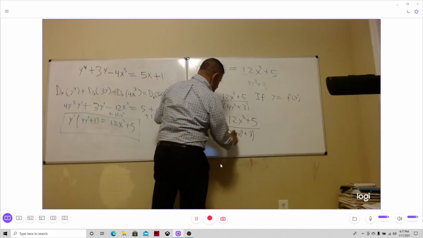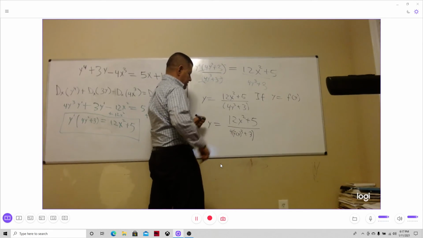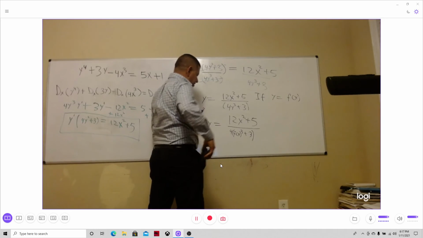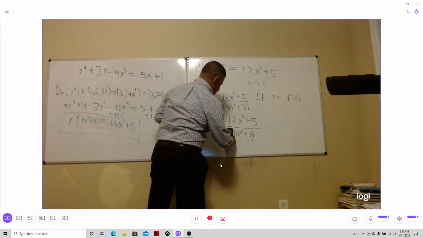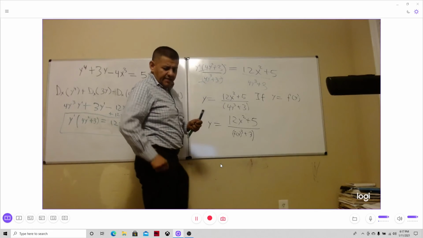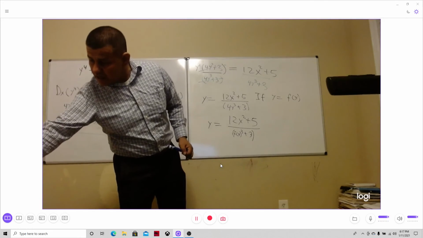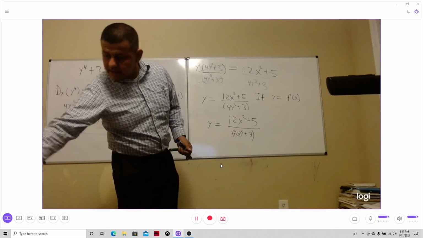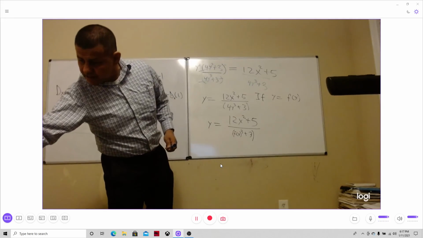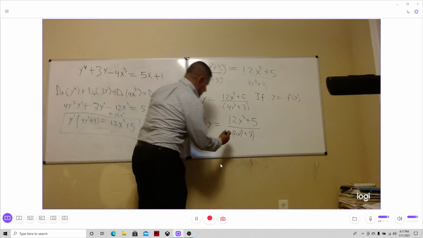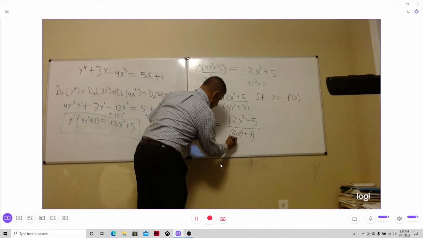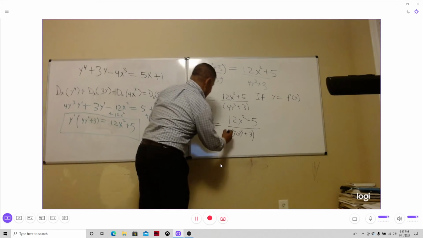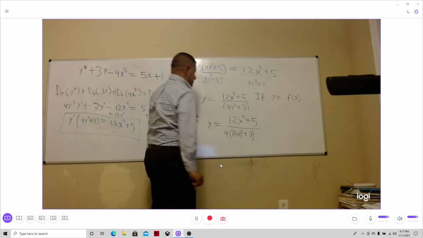So we should have another set of parentheses here. I believe that the book has another set of parentheses right here. So, like that, right? And we have a 4 like this, right?